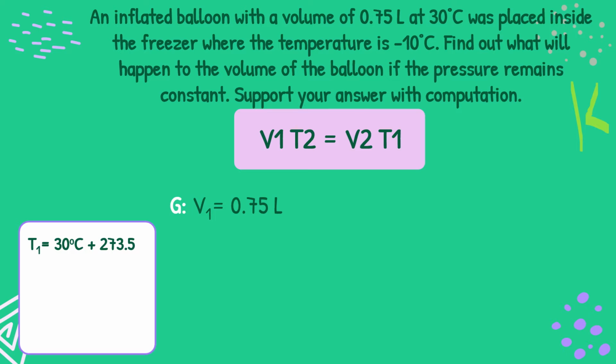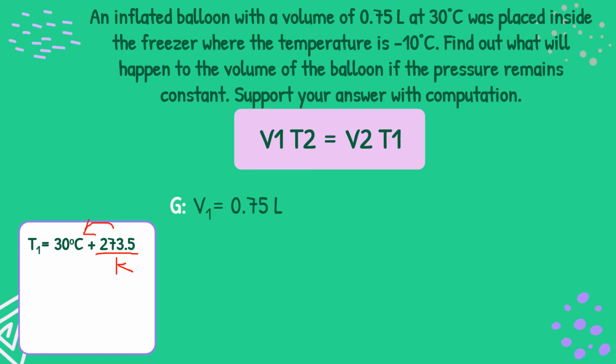So all the temperatures to be used in Charles' law should be converted into Kelvin. So to convert Celsius into Kelvin, we need to add 273.5 to Celsius to get the Kelvin.